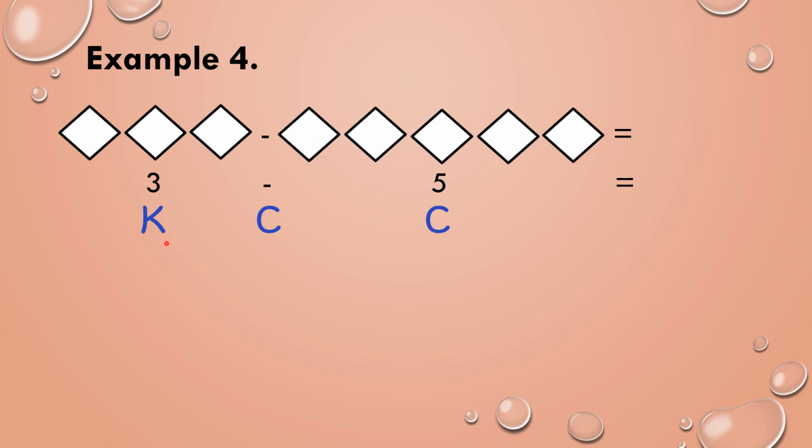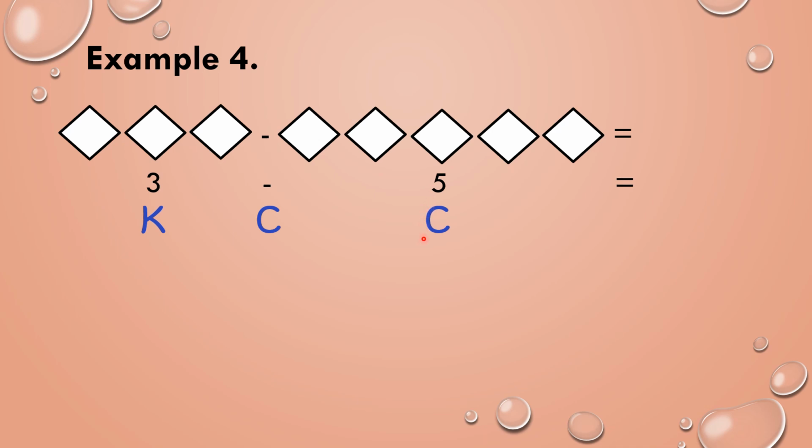Kapag sinabing keep, hindi natin papakialaman yung given number o yung number na nasa tapat ng K. Kapag sinabing change, ibig sabihin, papalitan natin. Paano ba papalitan? Kapag ang given ay minus, papalitan natin ito ng plus. Kapag ang given ay positive number, papalitan natin ito ng negative number. Or kapag ito ay negative, gagawin naman natin siyang positive.